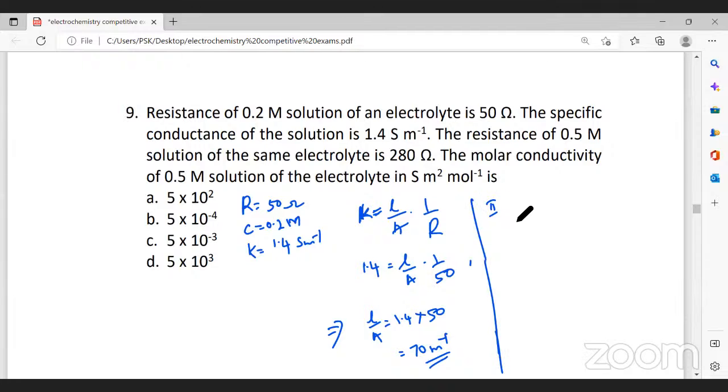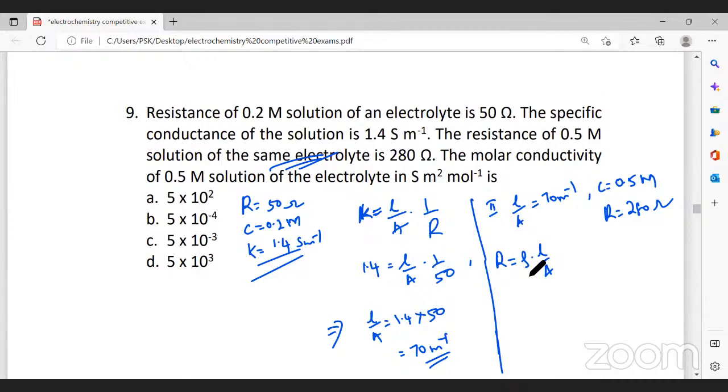Now in the second case, the electrolyte is the same, therefore L by A, the cell constant, will remain the same. L by A is 70 per meter. So in the first data, whatever is given, we calculated the cell constant L by A. In the second case, they've given the concentration 0.5 molar and also the resistance, 280 ohms. They're asking for the molar conductivity of this solution. So resistance is equal to rho into L by A. Rho is called resistivity.